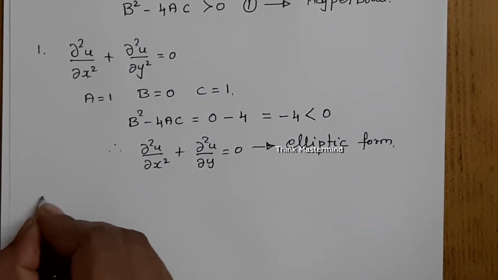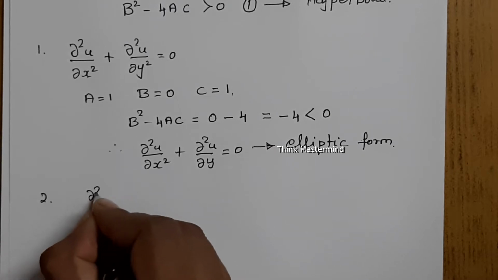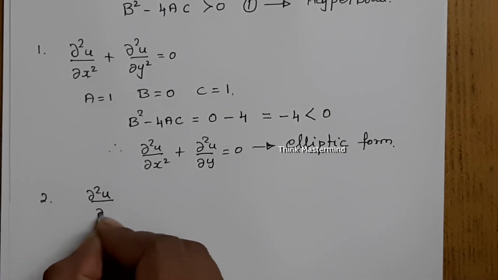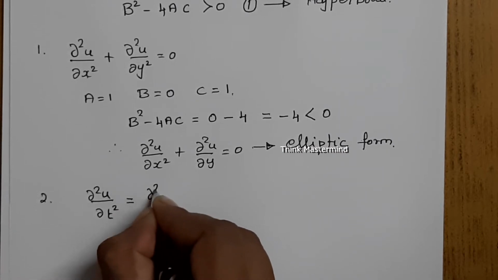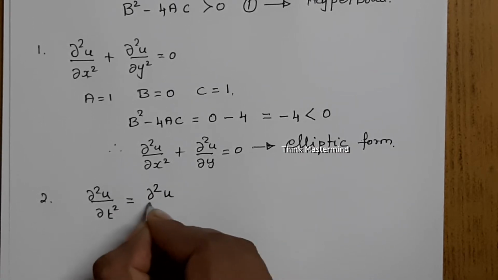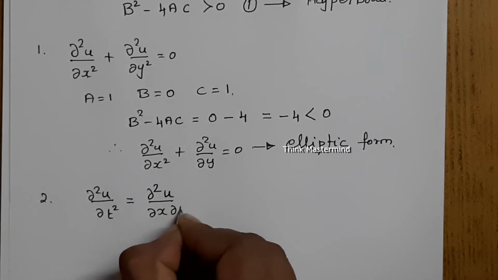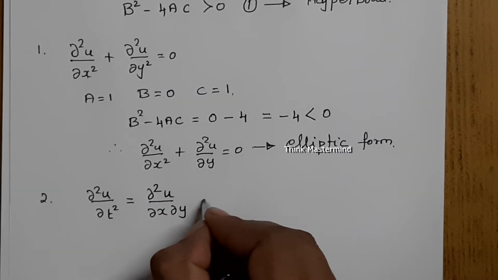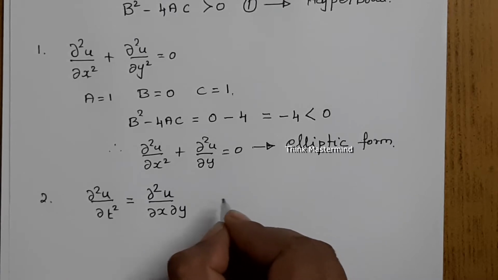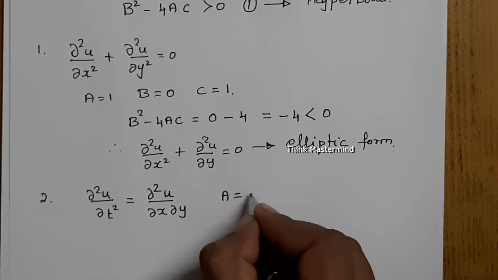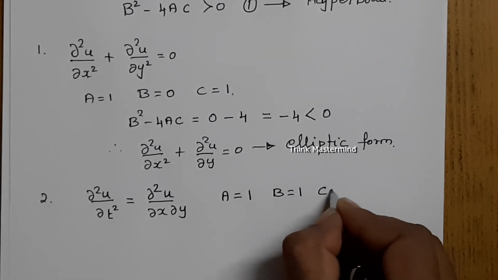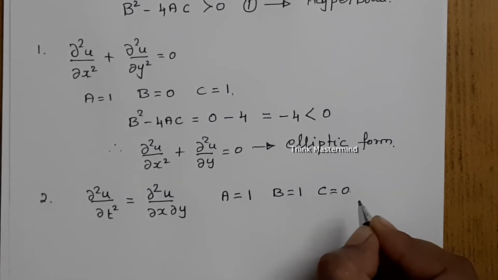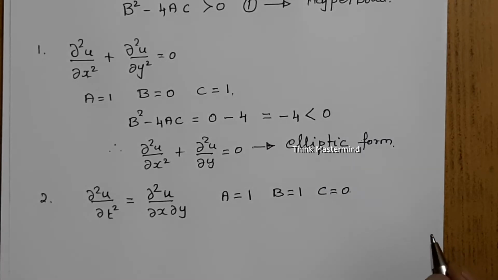Consider another example, ∂²u/∂t² = ∂²u/∂x∂y. So comparing this with the conic equation, a value is equal to 1, b value is 1, but c value is 0, that is the second order derivative with respect to y is 0.